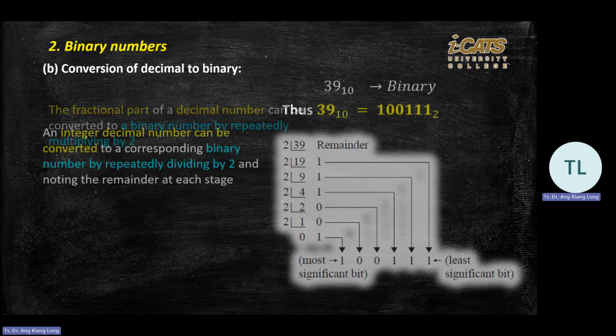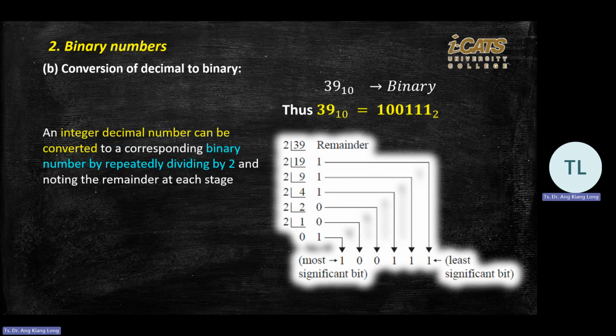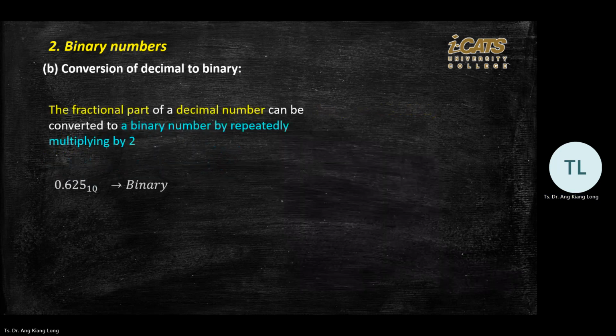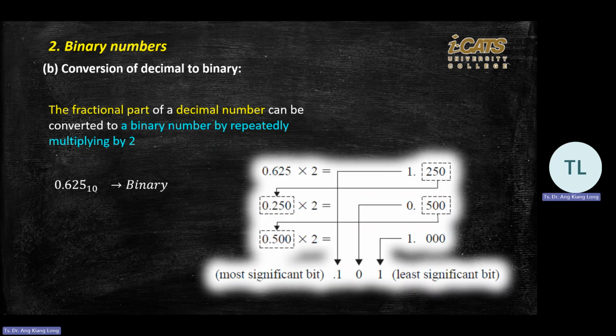What happens if you have a fraction just now? You have something divide something. So what you do? You multiply by 2. So don't confuse between the steps. Let's say you have 0.625 base 10 and you want to change to binary. This is point something.